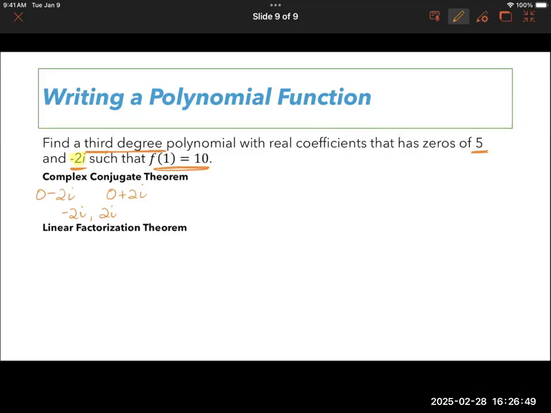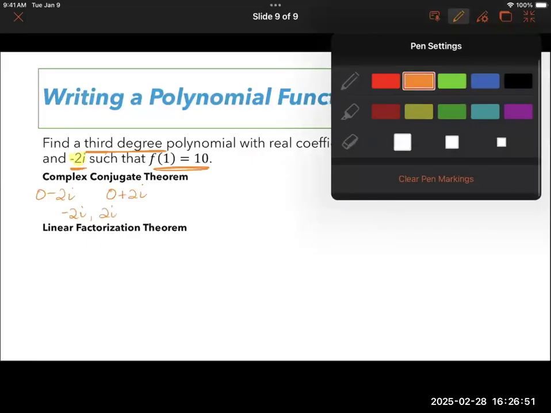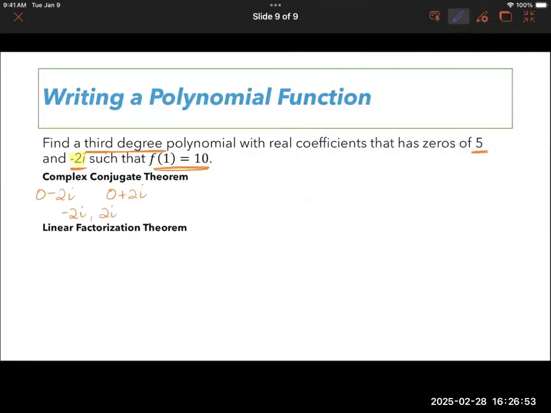So now I'm going to use the linear factorization, which said every polynomial can be rewritten as a times the factors x minus k. So x minus this 0 would be x minus 5.